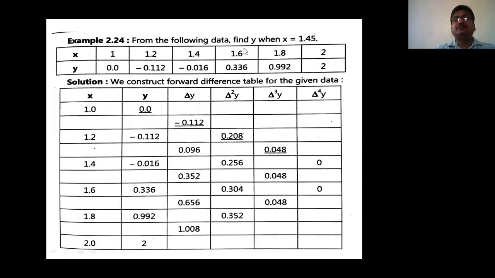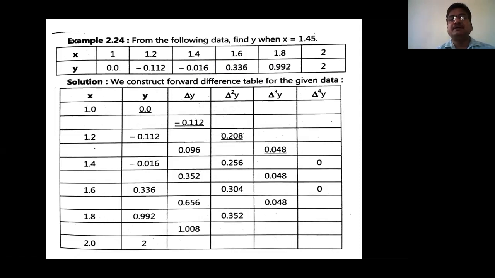So Newton's forward interpolation formula, Newton's backward interpolation formula, as well as Lagrange's interpolation formula are applicable for this problem. But if the values are equidistant and there is no instruction in the problem to apply Newton's forward, Newton's backward, or Lagrange's, that means if we have to decide the formula, then if the value is at the beginning of the table and the values are equidistant, use Newton's forward interpolation formula.